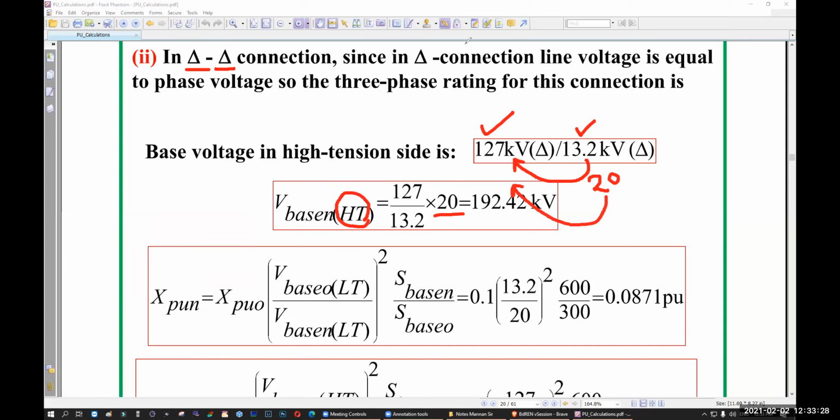How much is that? That is the objective of this calculation: if you give 13.2, you will get 127; if you give 20, how much will you get? So this is your new base. New base for high voltage, 192.42 kV.